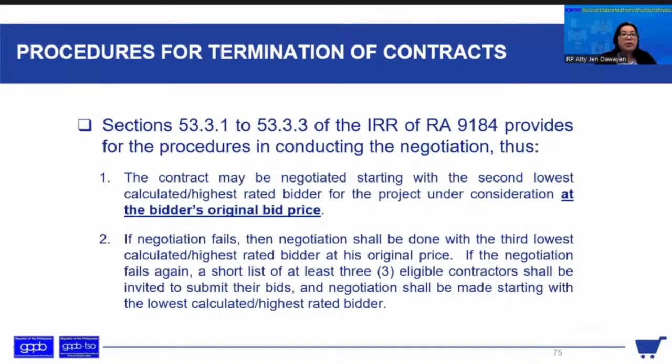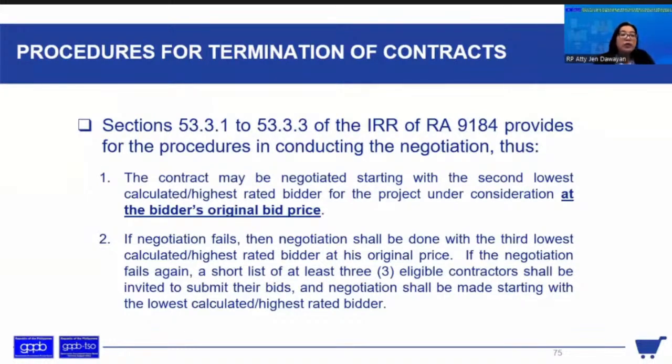Okay? So, in section 53.3, no, it provides for the procedures in conducting the negotiation. So, ang sabi dito, the contract may be negotiated by starting with the second lowest, no? So, ito yung pinaka-lowest dati na nanalo. You start now with the second lowest at the bidder's original bid price, no?